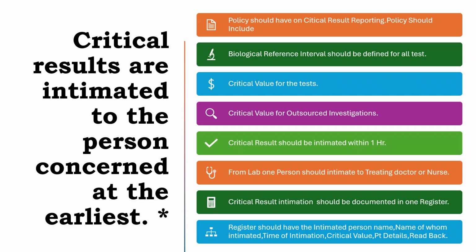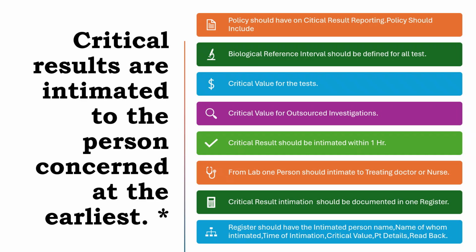Critical results are to be intimated to the concerned person at the earliest. This is a very important topic in NABH in the lab. So policies should be there for critical result reporting, and the policies should include all the requirements, like the biological reference should be there for all the tests. Critical values for the tests should be defined.